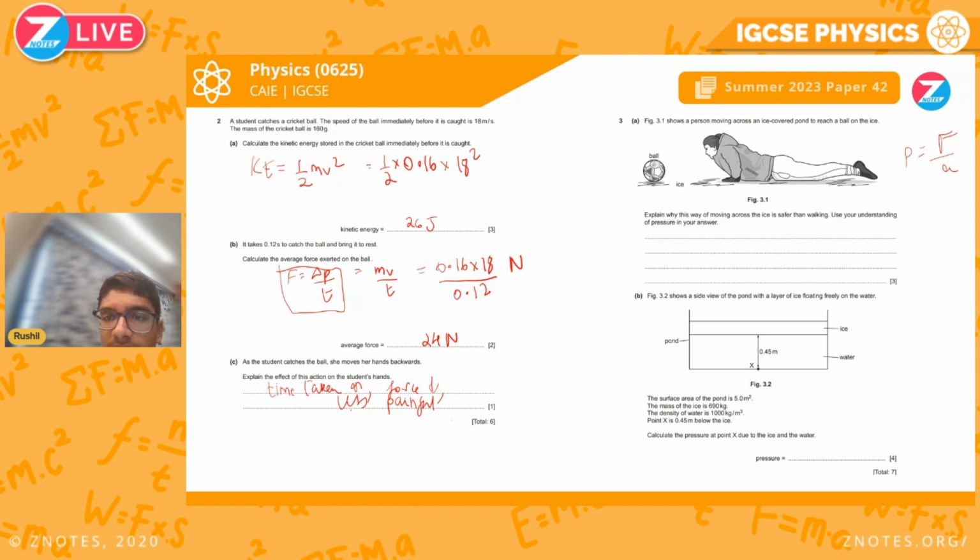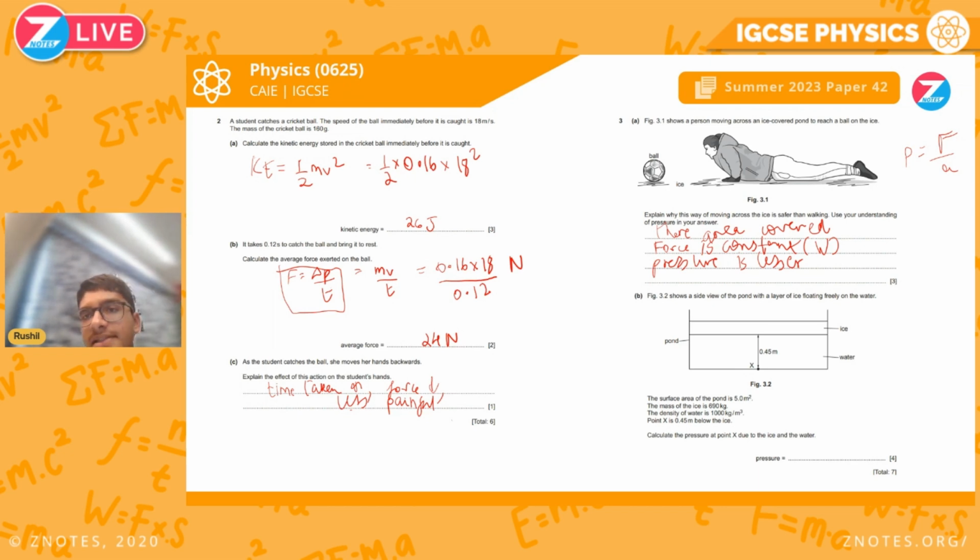Compared to walking, here there's a greater area covering the ice. So force is constant because his weight is constant. Hence, because of the greater area, pressure is lesser than when walking.